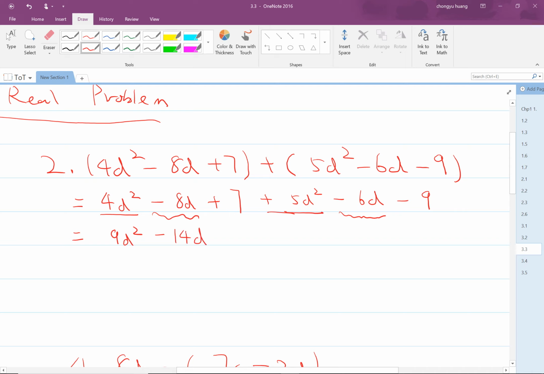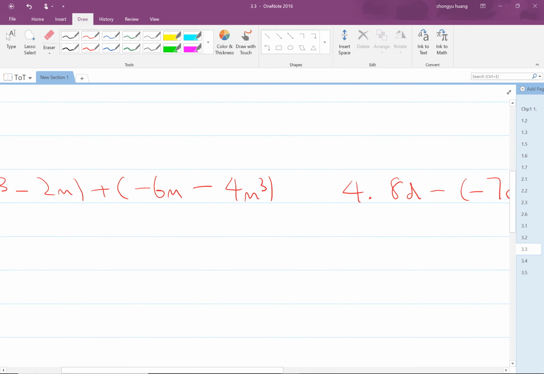At last we have the integers: plus 7 and negative 9, so 7 minus 9 is negative 2. So we've done our question. This is the solution for question 2.